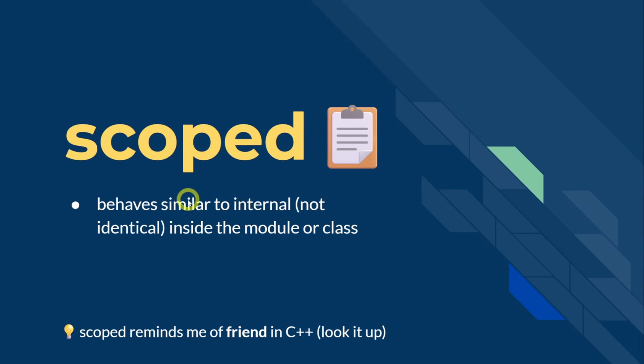It's not identical, but basically you are saying, hey, this module can use this method or this class, right? And it's like whitelisting it. It's like, hey, my rectangle class can use this, but nothing else can use it unless it's inside the module that I defined it in. I'll show you guys an example.